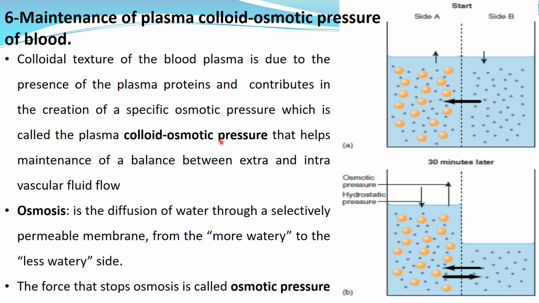So the plasma colloid osmotic pressure is responsible for what? For controlling a balance between extra and intravascular fluid flow. So what do we mean by intra and extravascular fluid flow?